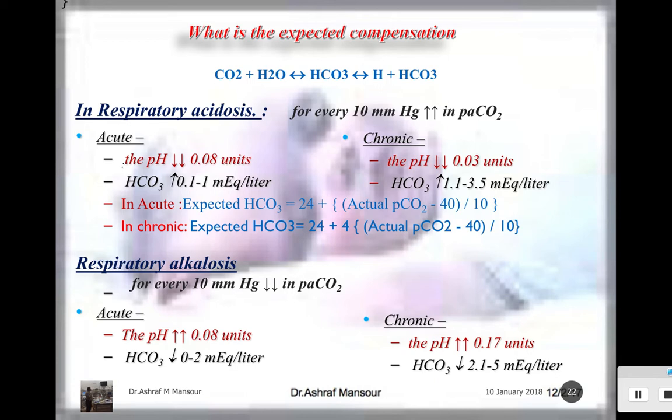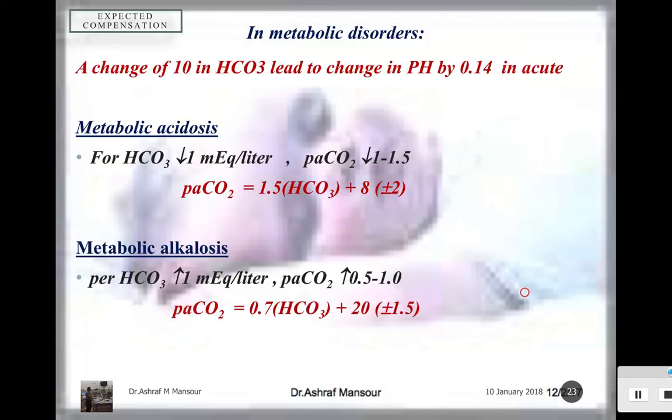So I will consider that from this page we now have 3 facts: how to calculate the expected bicarb in acute and chronic acidosis, plus the rule that every 10 mmHg increase in the CO2 will drop the pH in acute cases by 0.08 unit.